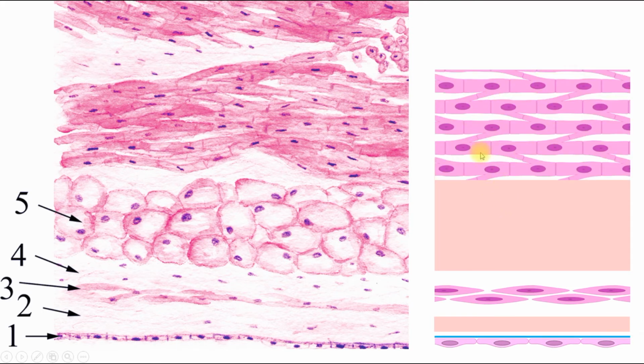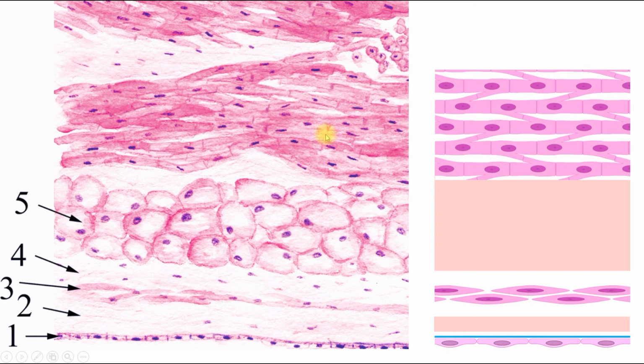Next layer is myocardium. Here we can see myocardium. It's the muscular layer of the heart which provides contractions of the heart. And it's composed of cardiac muscular tissue. Look here, this layer of smooth myocytes, it's smooth muscular tissue. And here in myocardium, we have another type of muscular tissue.